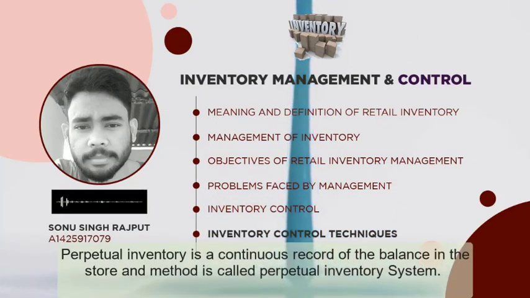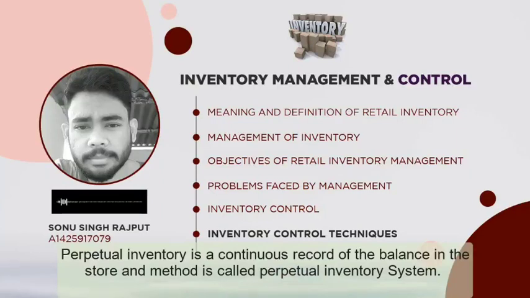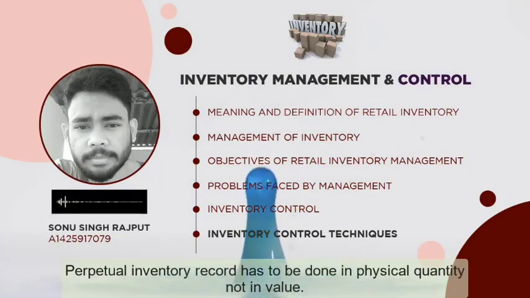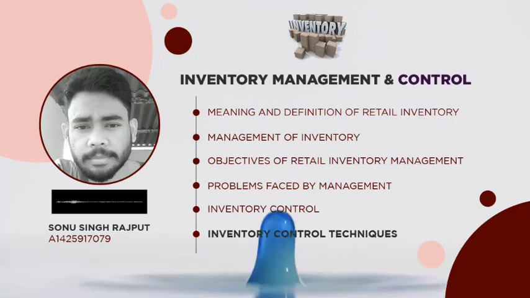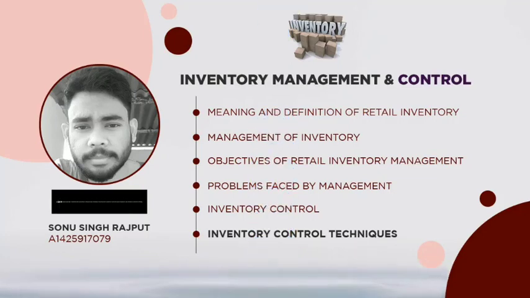The perpetual inventory is a continuous record of the balance in the store, and the method is called the perpetual inventory system. Also, the perpetual inventory record has to be kept in physical quantity, but not in value.